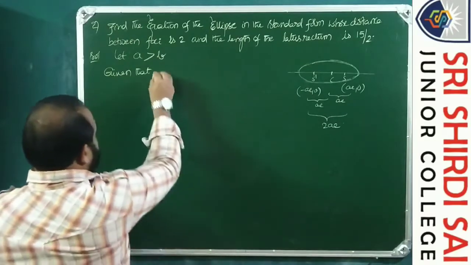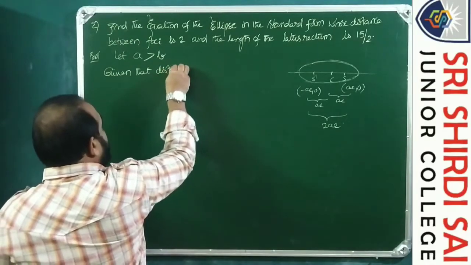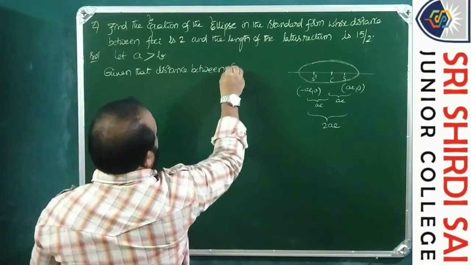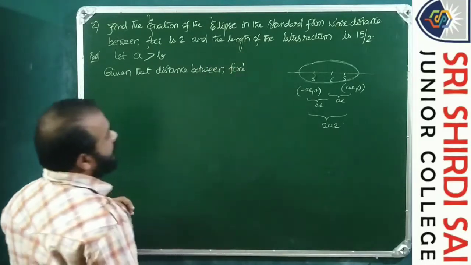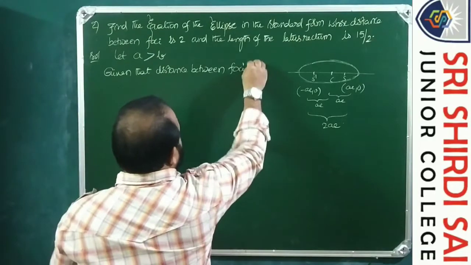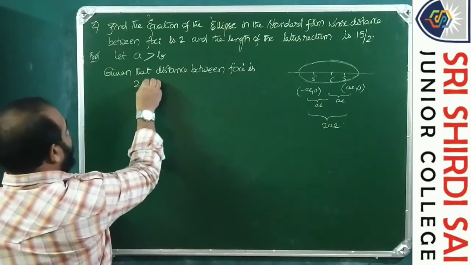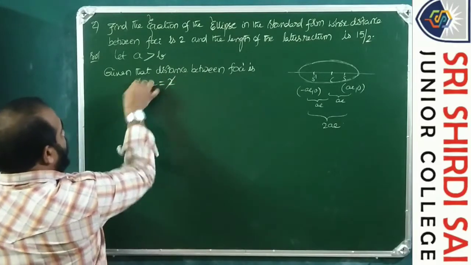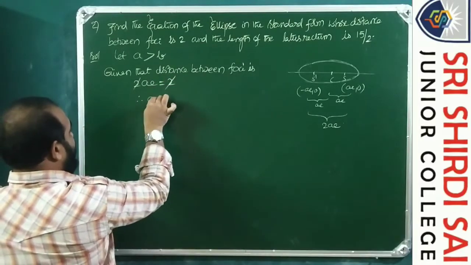So given that the distance between foci is 2, 2ae equals 2. So 2 gets cancelled, therefore ae equals 1.